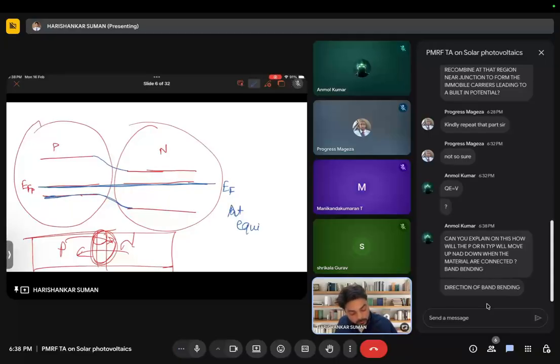So this is p type and n type. When we make the p-n junction and keep them in touch, holes and electrons transfer, and the Fermi levels align at the same position for n type and p type, and here is the junction.